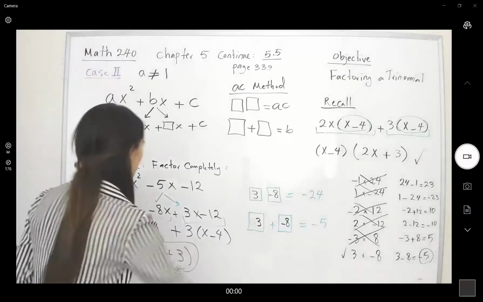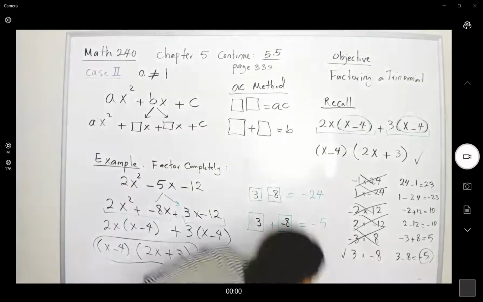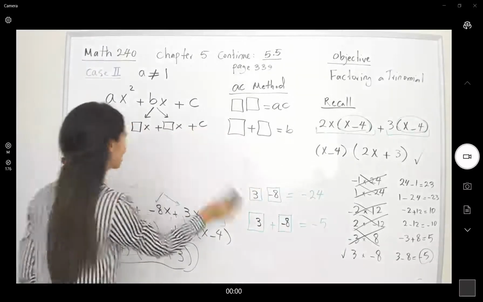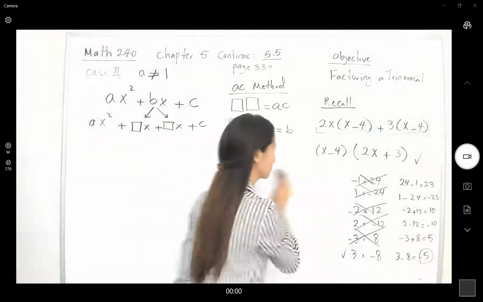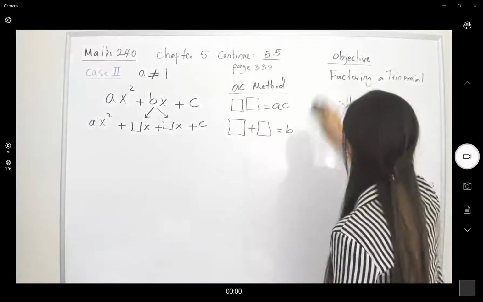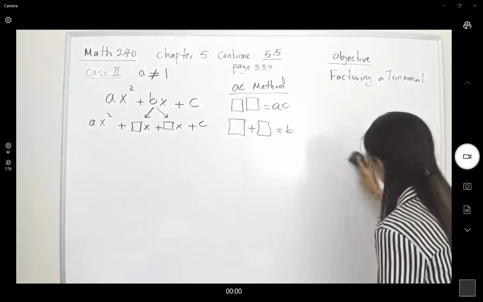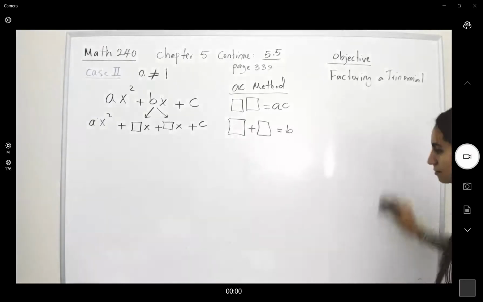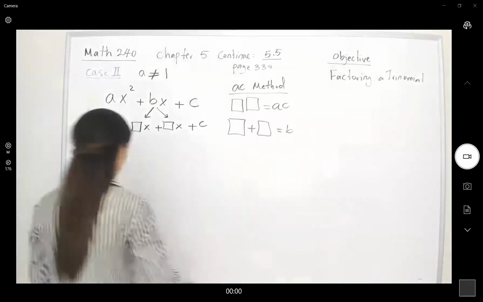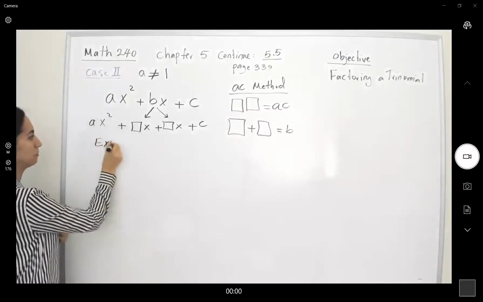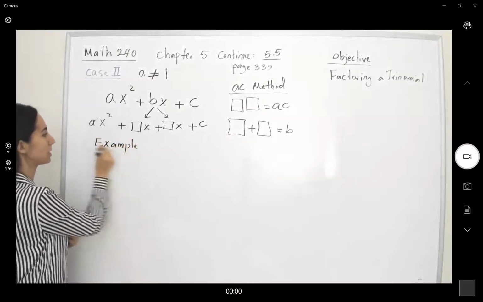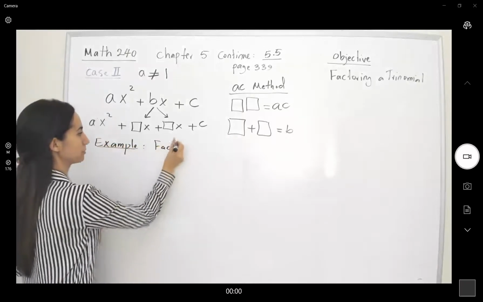Another example for you. We're going to use the AC method again to factor something completely. The example says, factor completely.